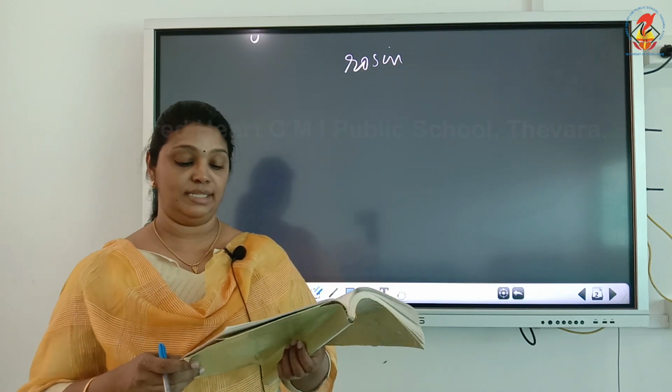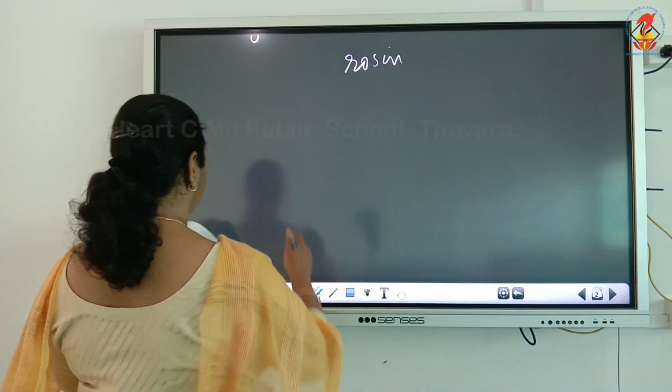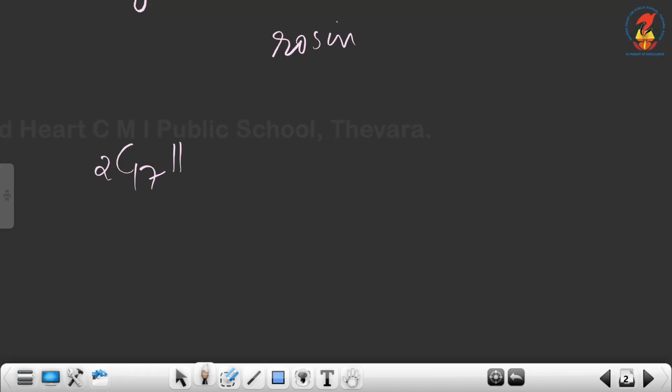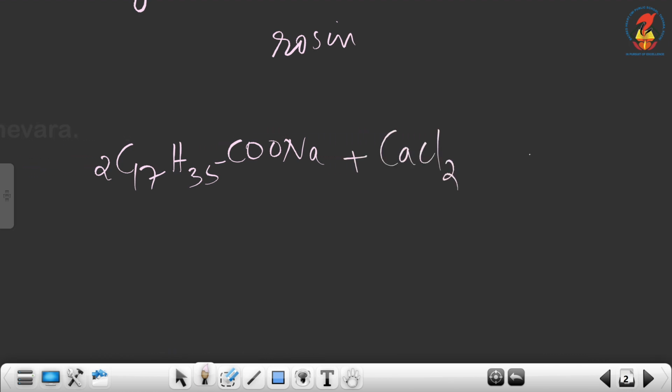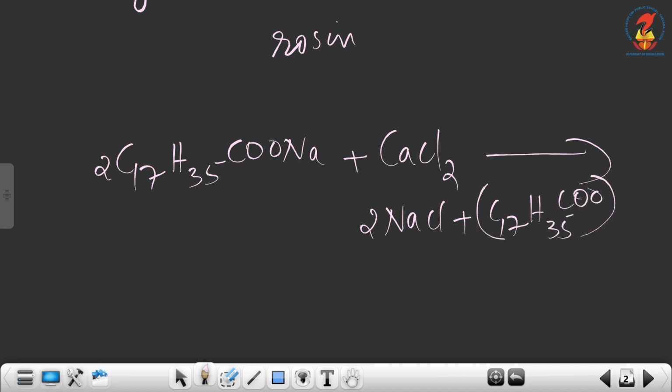So we can write the equation as 2 molecules of C17H35COONa, sodium stearate, that's our soap, plus hard water contains calcium chloride, gives 2NaCl plus (C17H35COO)2Ca, that is insoluble calcium stearate.